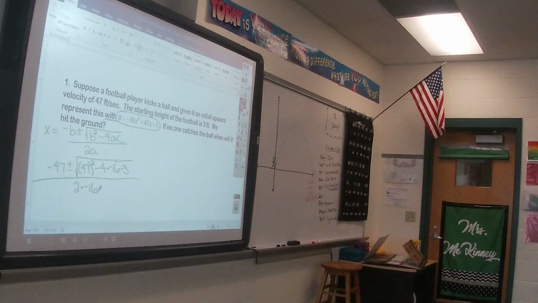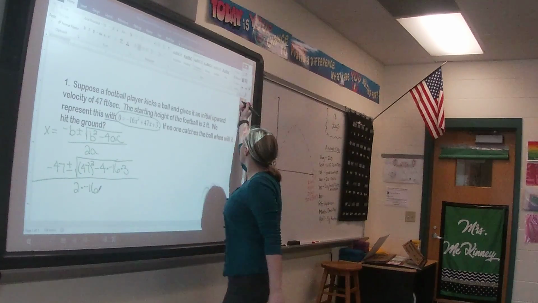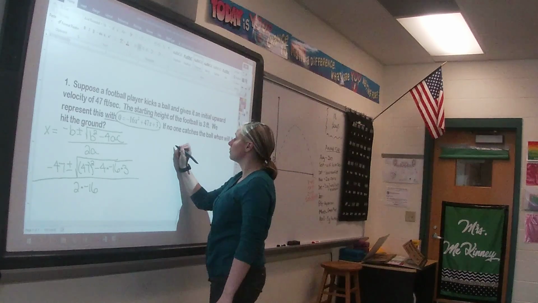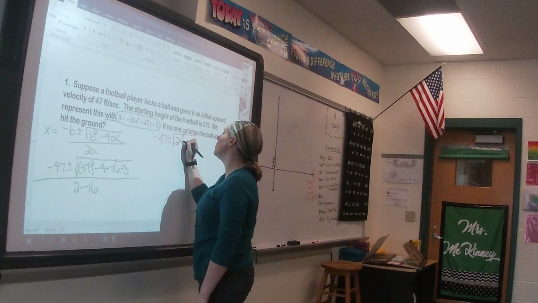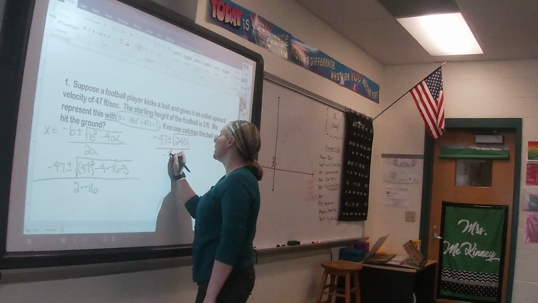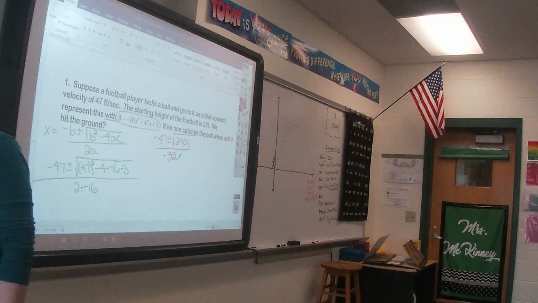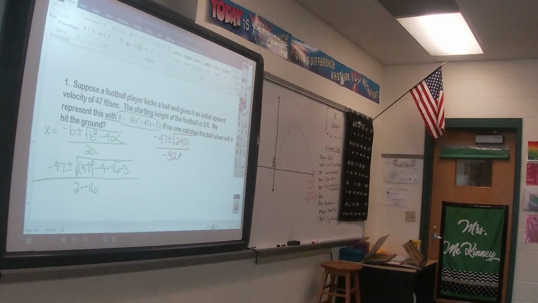Okay, once we get to this point, what do we then do next? Right, we calculate inside the square root, right? So we can just pick up a calculator. And we'll get negative 47 plus or minus the square root of 2401 all over negative 32. Then what do we do?